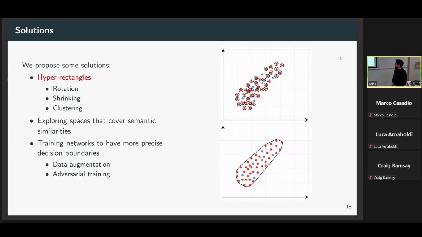So we propose some solutions to these obstacles. For the first one, we create hyperrectangles instead of epsilon balls. Actually, the first thing we tried was creating a convex hull because it is the tightest thing we can add around inputs.